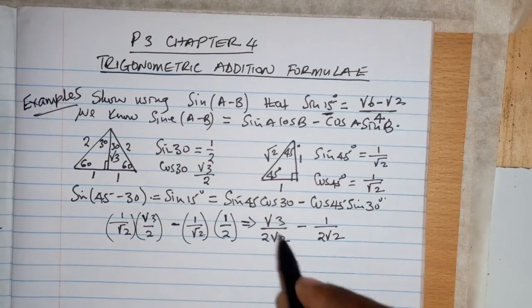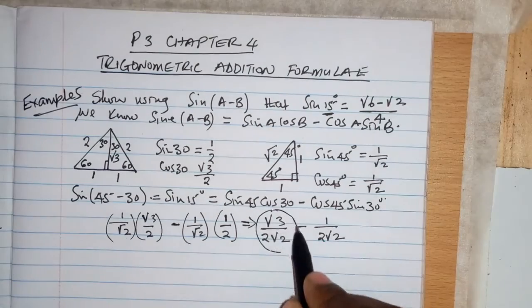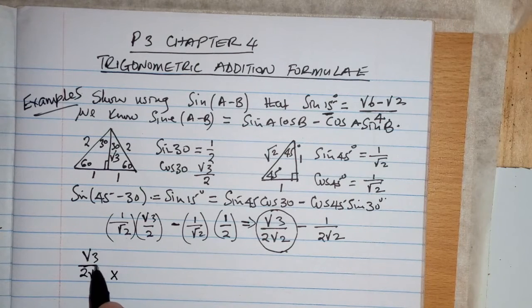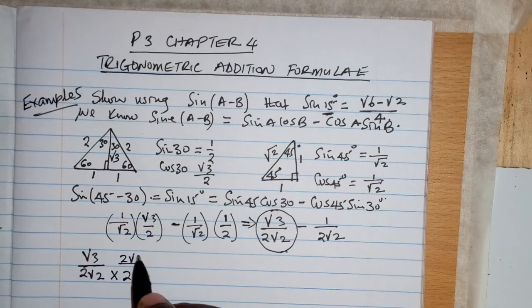If we took this one as term 1, we are going to talk about root 3 over 2 root 2. Rationalizing the denominator means we multiply by the conjugate, which is 2 root 2 over 2 root 2, both sides.